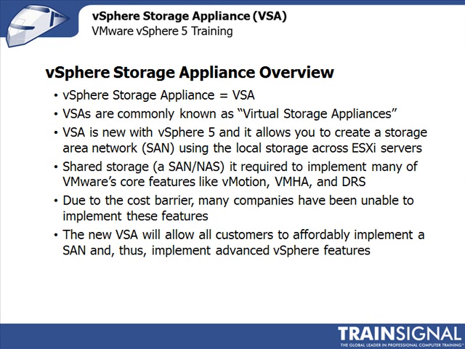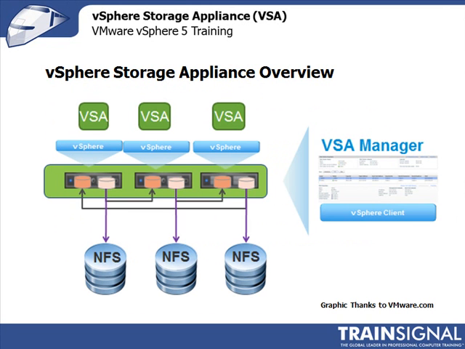So due to the cost barrier of a hardware-based SAN or NAS, many companies are unable to implement these important features simply because they can't afford to purchase that SAN or NAS. So the new VSA is going to allow all customers, let's hope, to affordably implement a SAN and thus implement these advanced vSphere features.